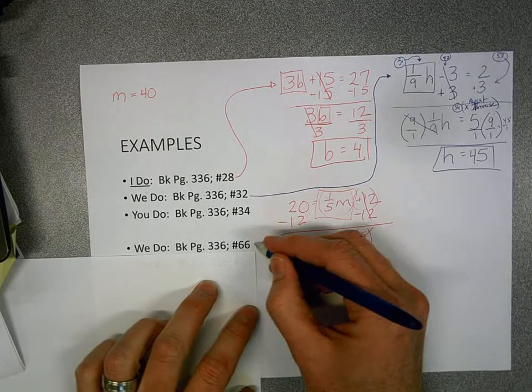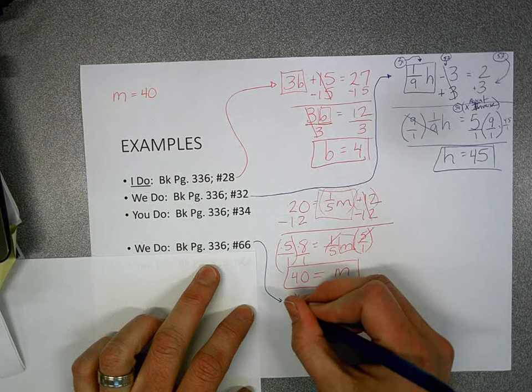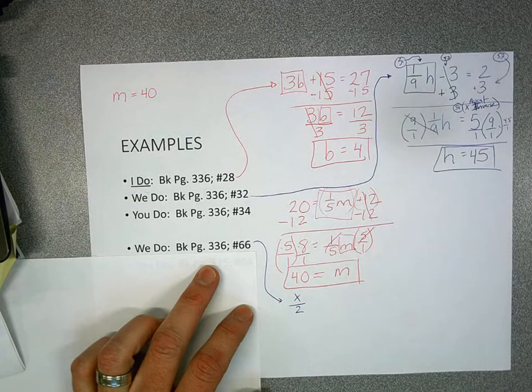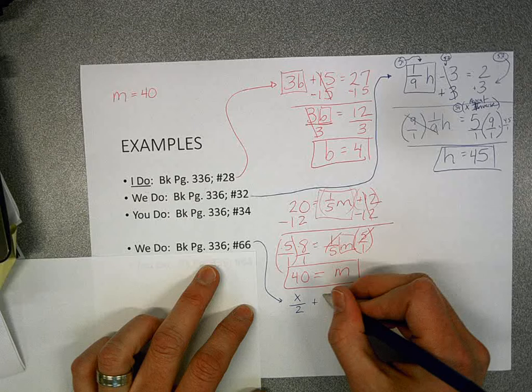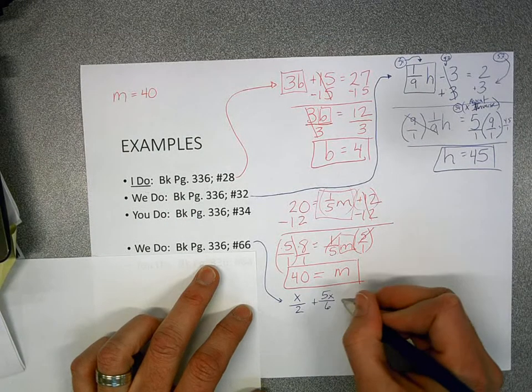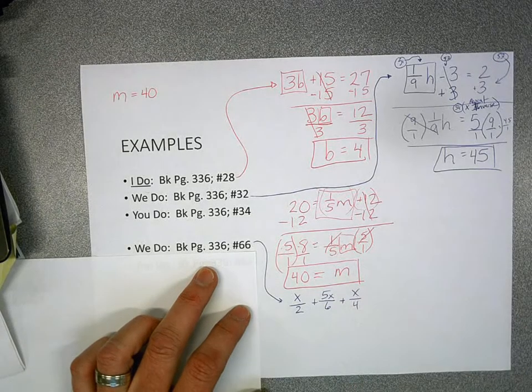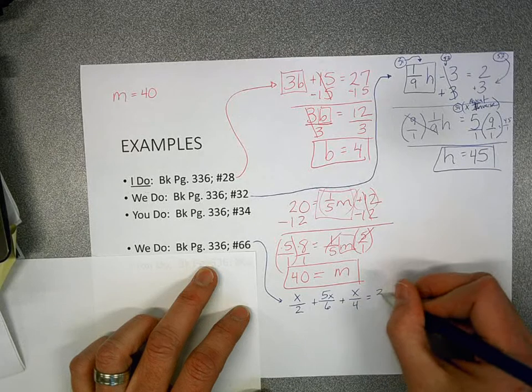So, problem 66 is x over 2 plus 5x over 6 plus x over 4 equals 380.